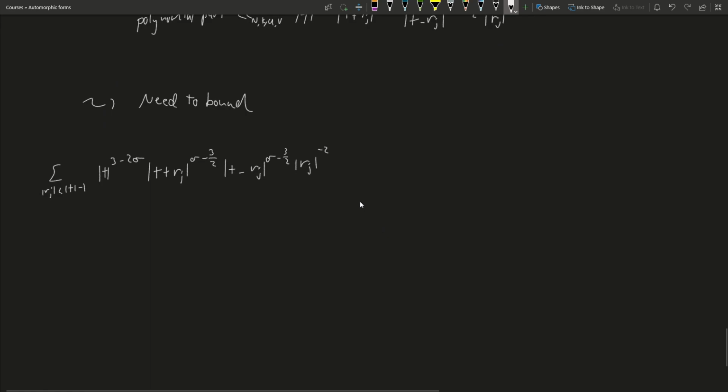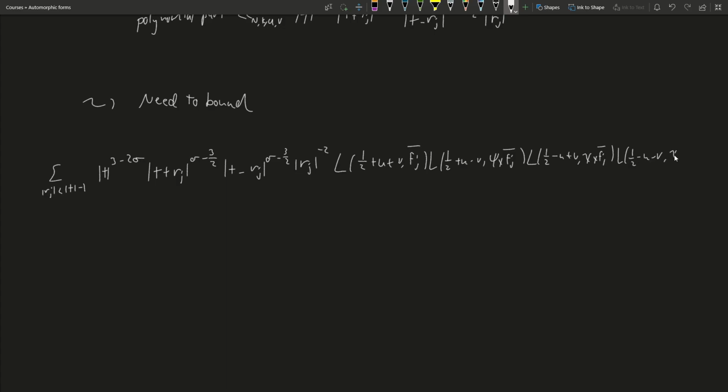So that's going to be L of 1/2 plus U plus V, Fj bar, L of 1/2 plus U minus V, psi cross Fj bar, L of 1/2 minus U plus V, chi times Fj bar, and then L of 1/2 minus U minus V, chi psi, Fj bar.